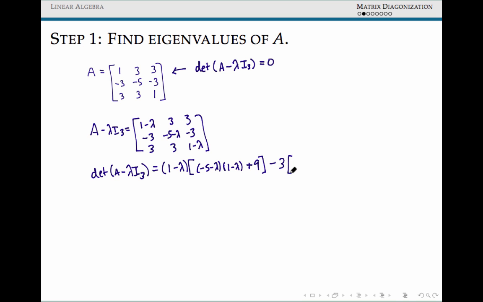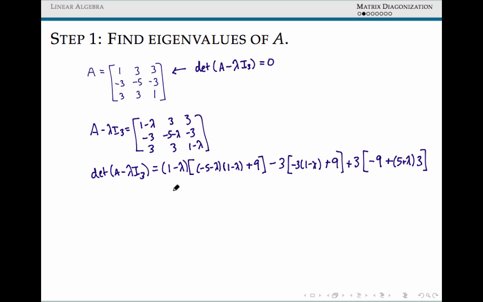So we get 3 minus negative 3 times 1 minus lambda, minus another negative 9. Then we add 3 times the determinant of this submatrix, so plus 3, negative 9 minus, that's going to become 5 plus lambda, times 3. So this is our characteristic polynomial that we're going to look for roots of.